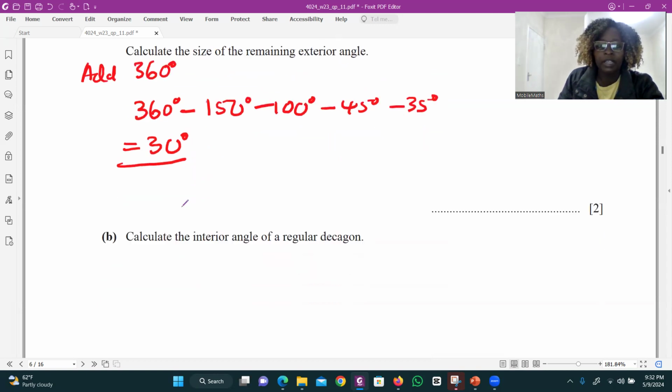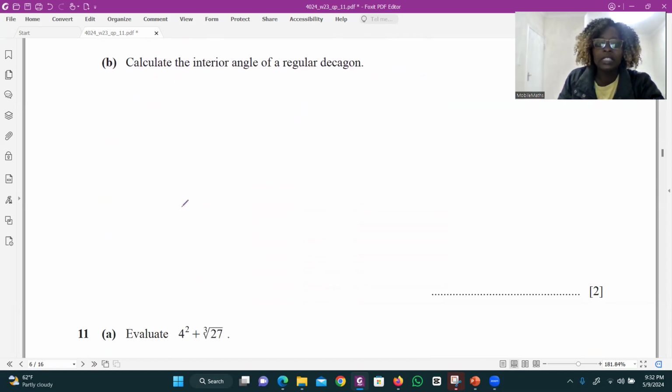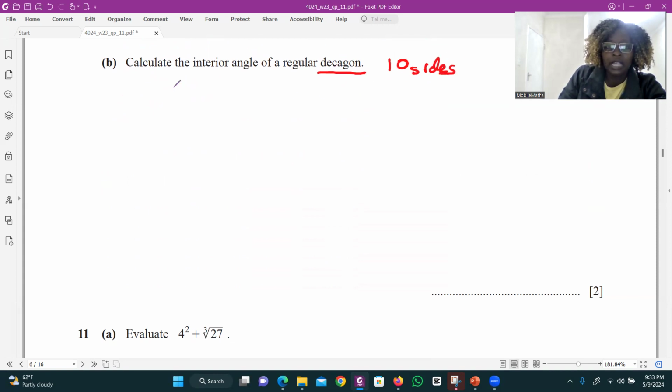Okay, let's move on. Calculate the interior angle of a regular decagon. A decagon has got 10 sides. We have got a formula when we want to find the total number of angles.